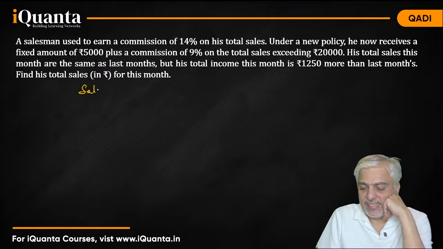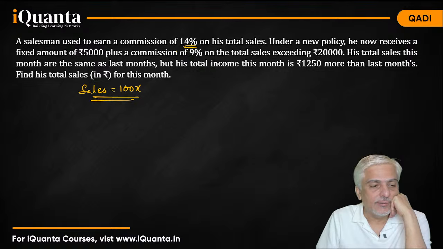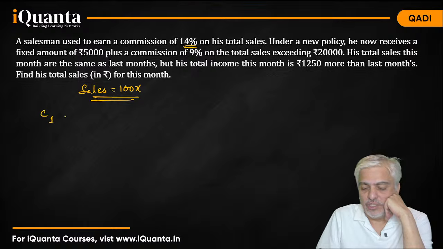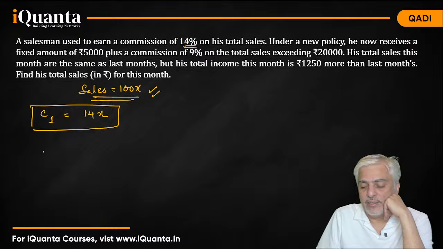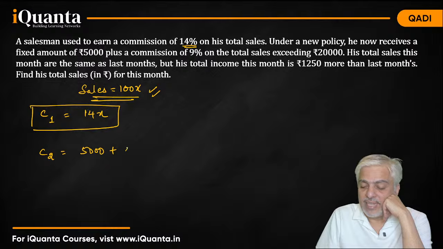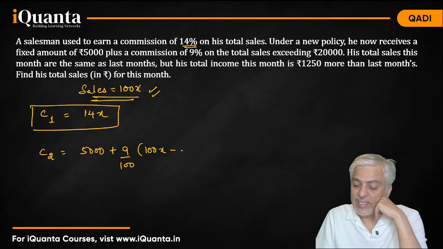Suppose if I take sales as 100x. Initially there was a commission of 14%. So commission in first month is 14% of 100x, which is 14x. Now second month sales are 100x only, but his earning is 5,000 plus 9% of 100x minus 20,000.